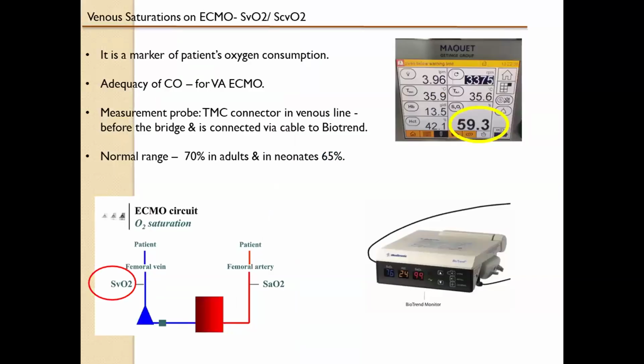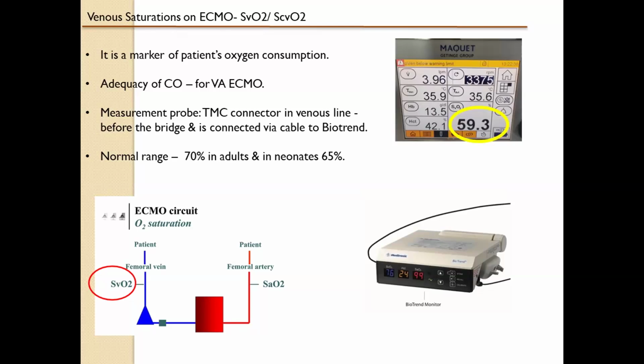Now, venous saturations, we've already mentioned about it. And there are some technological tools that are available which can monitor the venous saturations on a continuous basis. So we don't have to do repeated venous gases in order to understand the venous saturation. Along with the hematocrit, we get a reading of the venous saturation as a continuous thing when it is connected to the circuit itself.